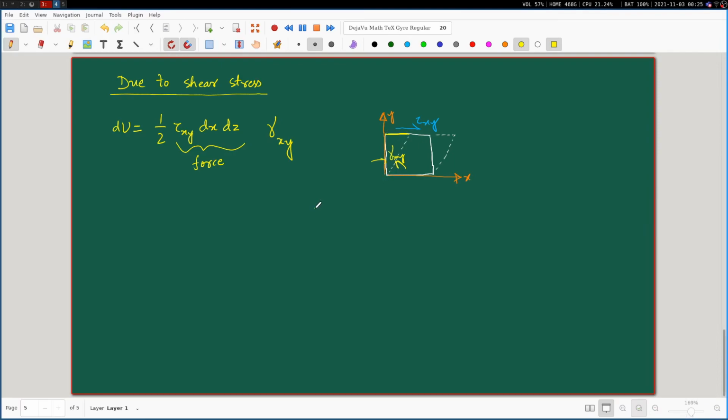That distance is approximately given by gamma xy times this thing. Actually it is this edge times the tan of gamma xy, but for small angles tan of gamma xy is almost equal to gamma xy. That is why gamma xy times the dy will give us the displacement.